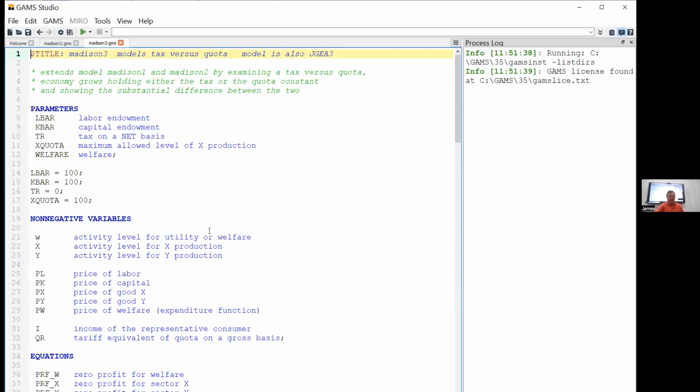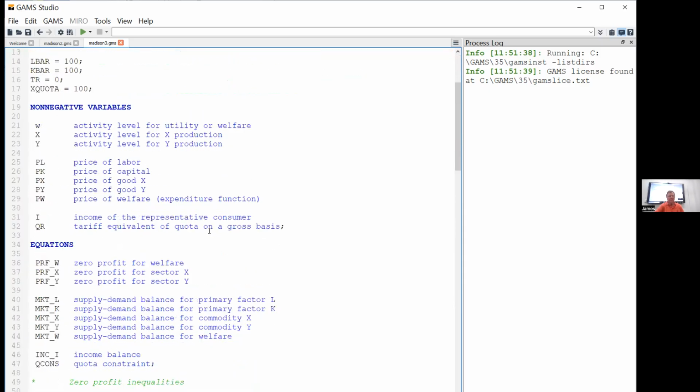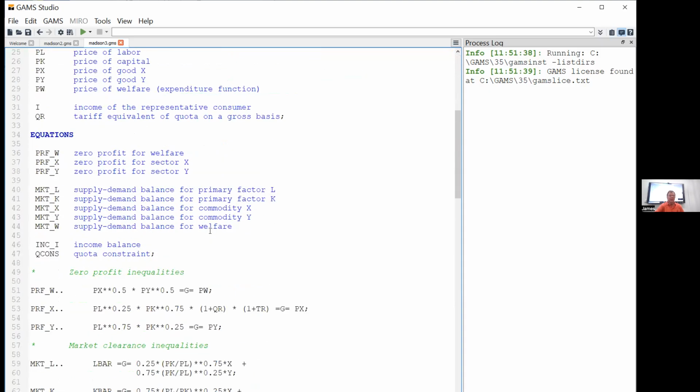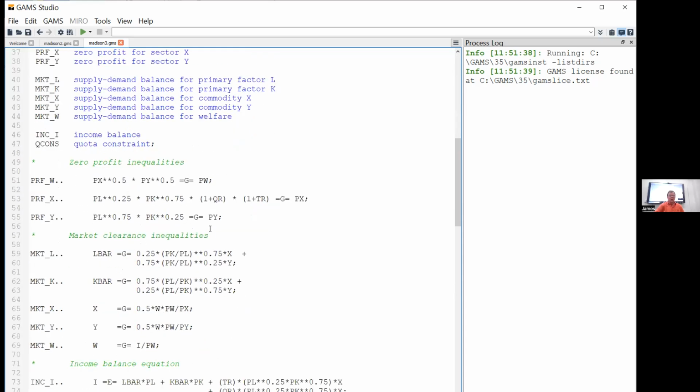I should have a diagram for that. I probably do in some of my other notes somewhere. So QR is going to be a tax equivalent that enforces the quota, and TR is just the tax rate itself, as before. So in the pricing equation, where do these things enter?